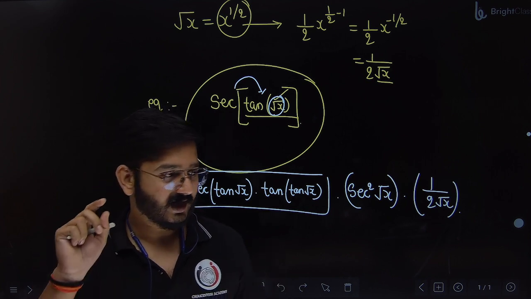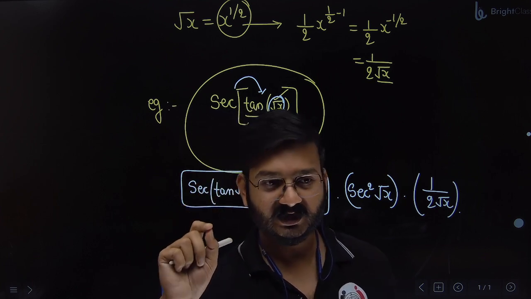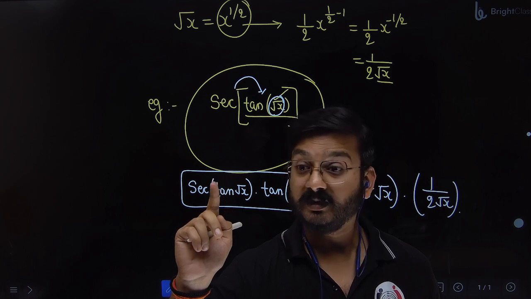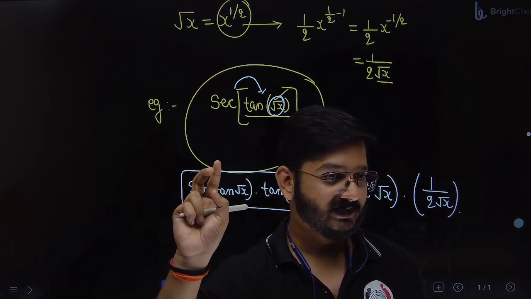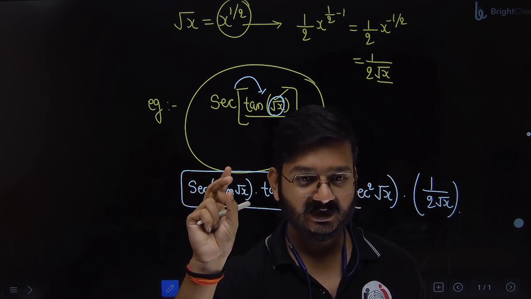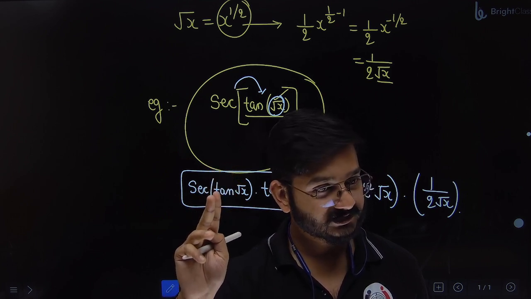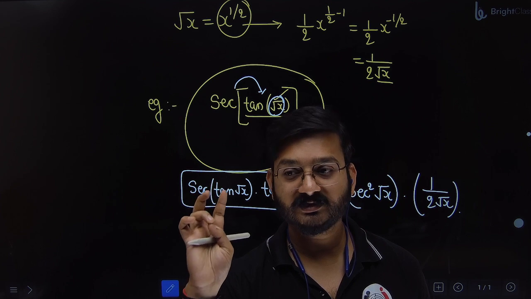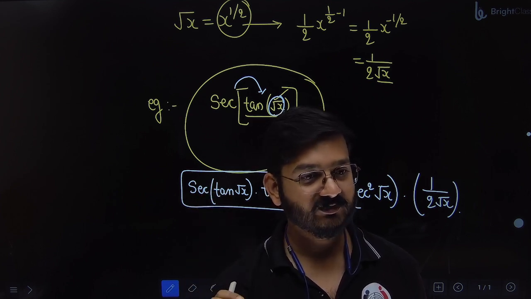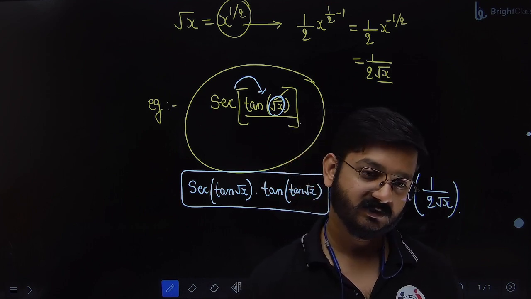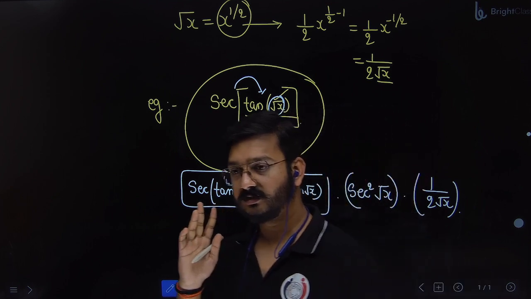Calculus starts from continuity, differentiability, then application of differentiation, then integration. In integration, indefinite, definite, then application of integration, and the last chapter, differential equations. Overall, 5 to 6 chapters are there in calculus. If you command this, grade 12th maths is over.